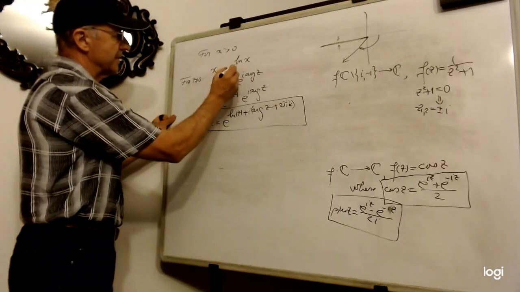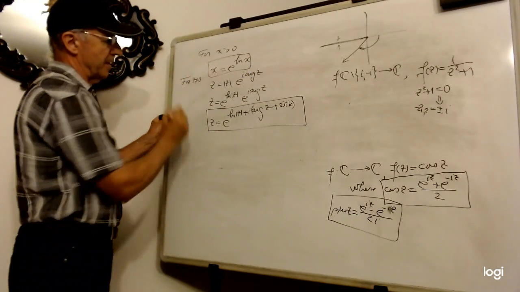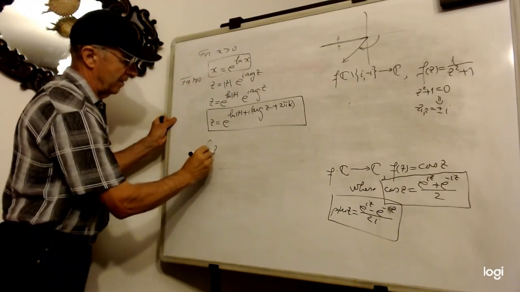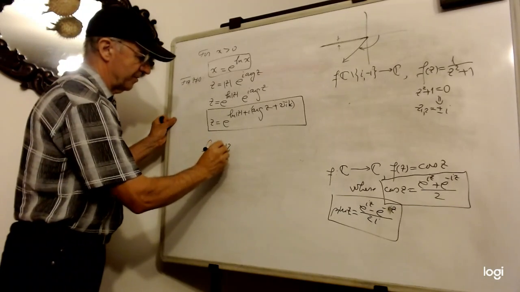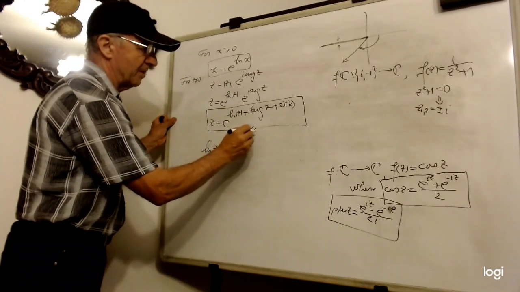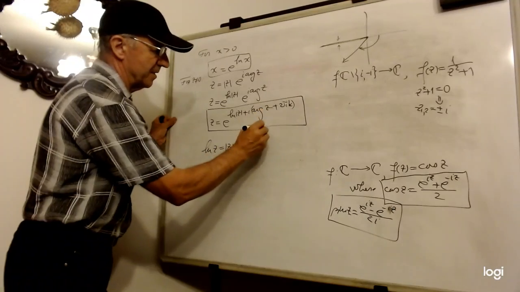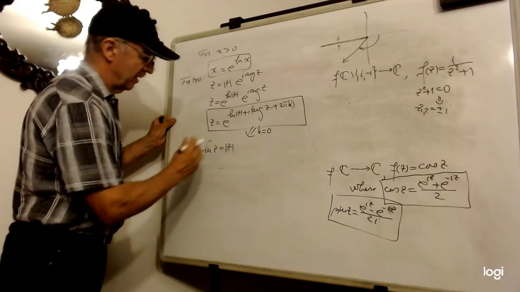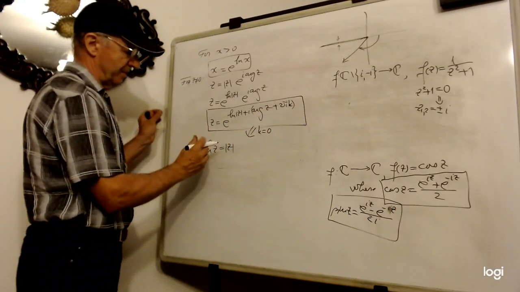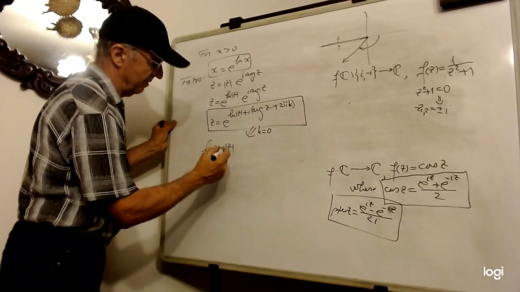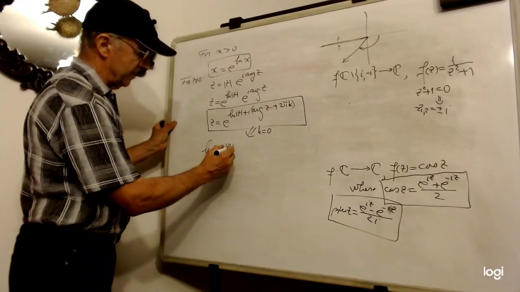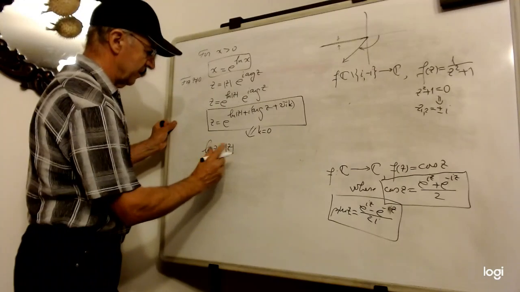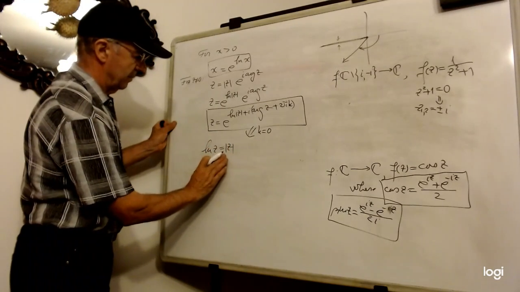So this suggests, if you compare this to define as modulus of z, for the particular choice when k is 0, the main inverse of the exponential function. This is defined.